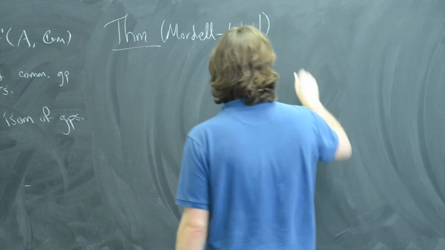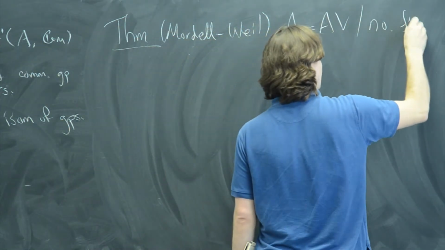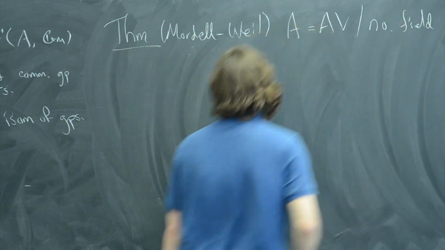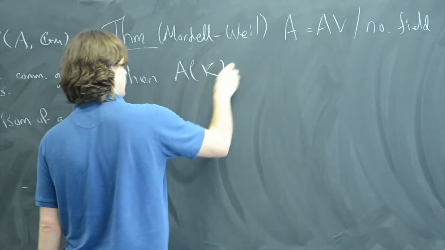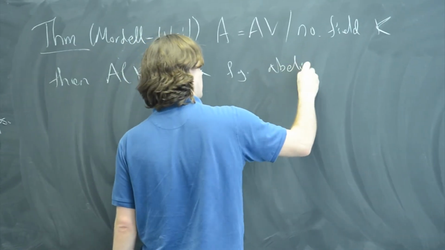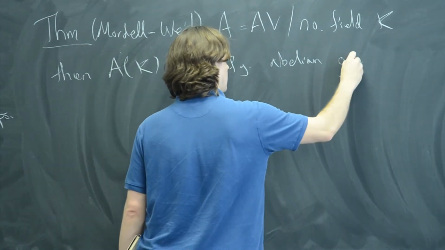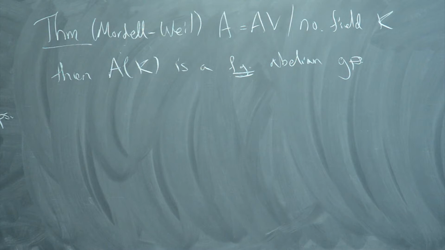This theorem says the following: if A is an abelian variety over the number field K, then the group of points is finitely generated. The key point here is the thing I abbreviated to finitely generated.